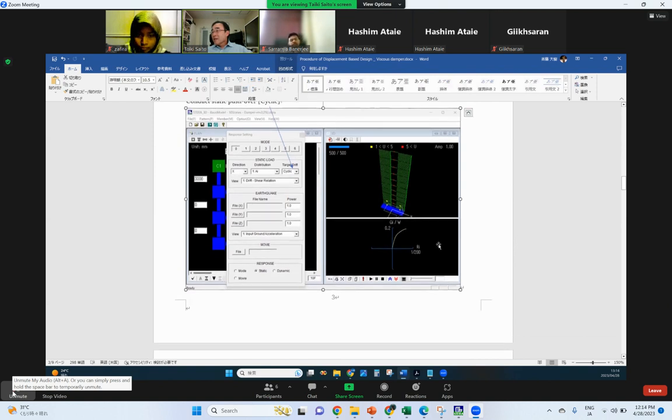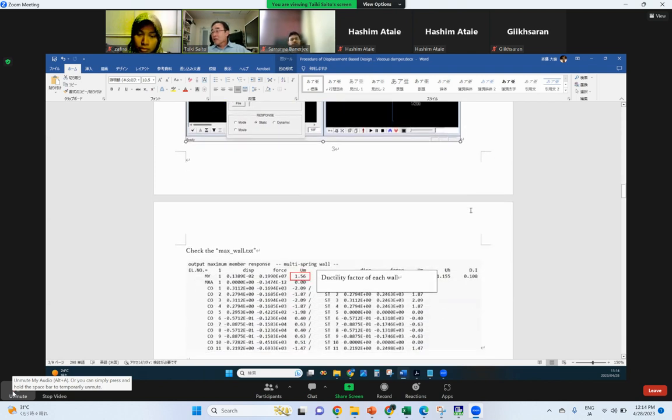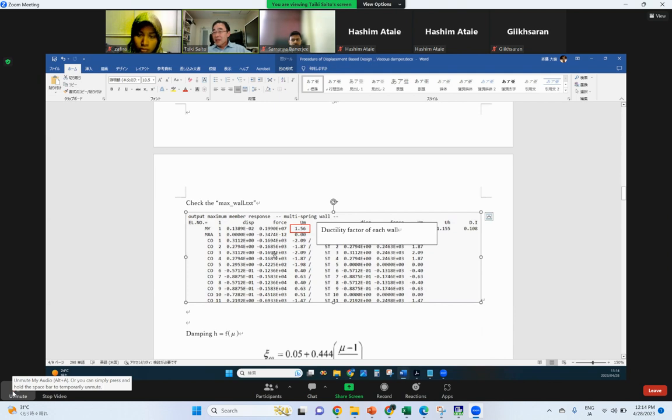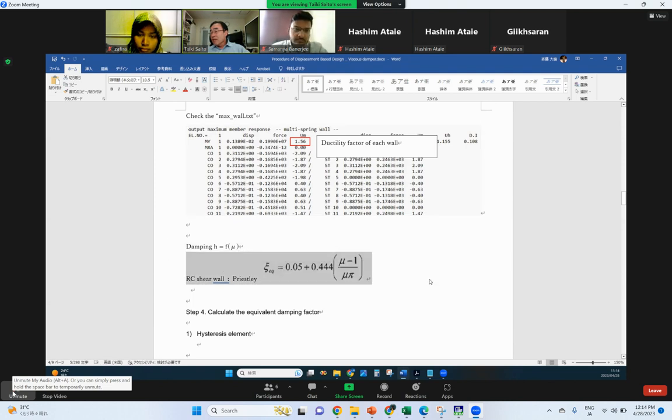But in this case, because it's a static analysis, this viscous damper doesn't resist against the static because it resists against velocity. So zero velocity, so zero shear force. So you can get the damage of the wall only, because you cannot get any damage of the coupling beam.